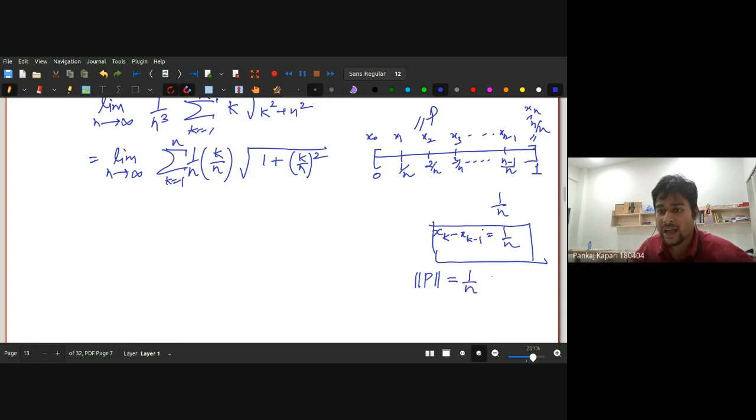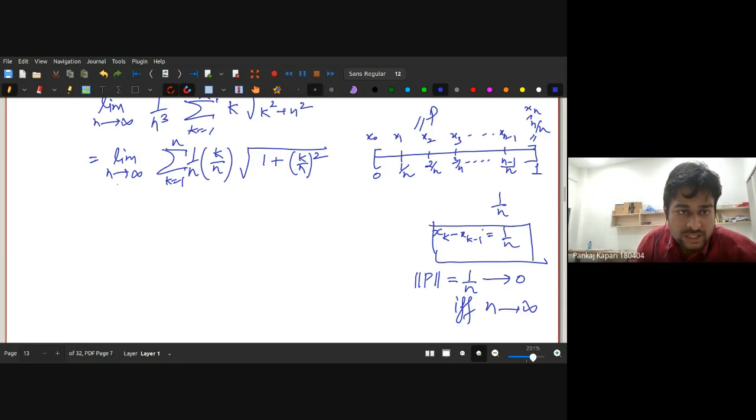And the norm of the partition goes to 0 if and only if n goes to infinity, right? So this limit is just in another form; it says that we are making the norm of the partition go to 0.